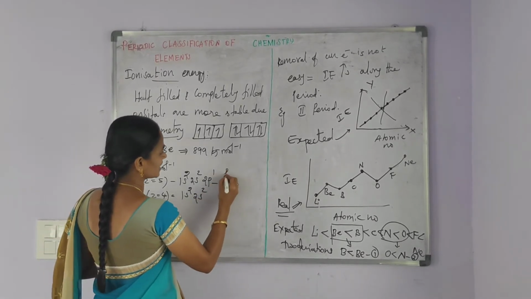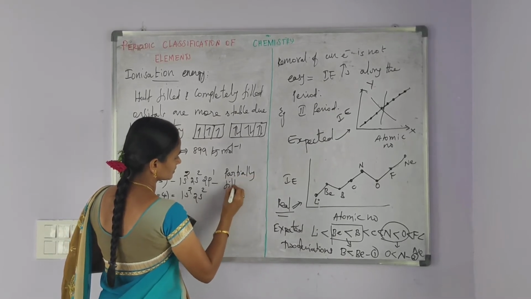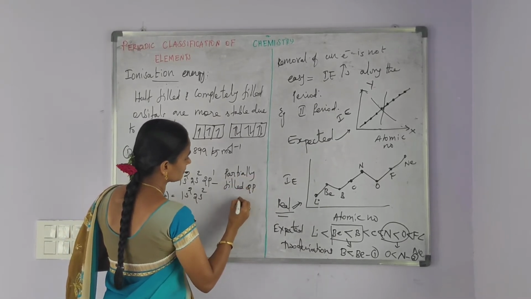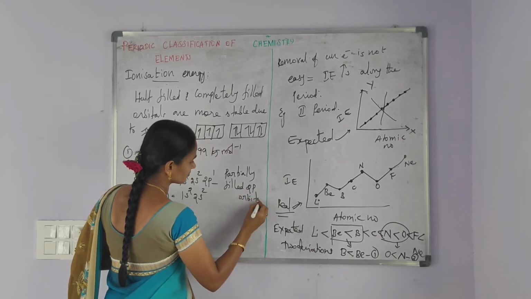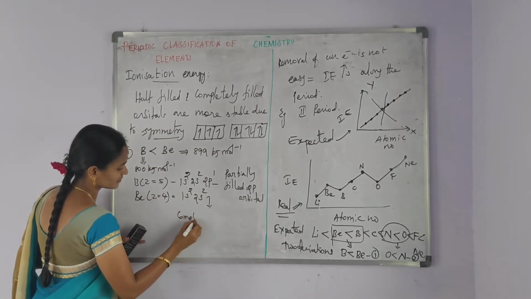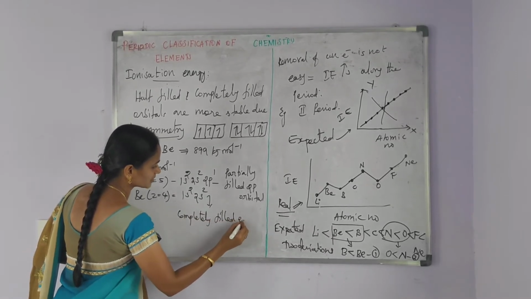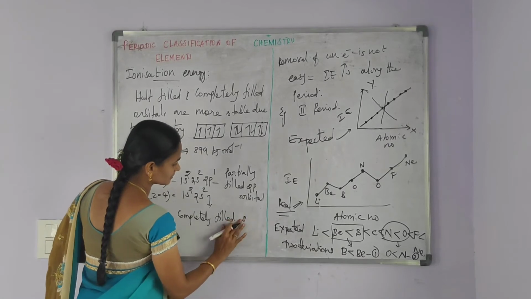Boron possesses the partially filled 2p orbital, but beryllium possesses the completely filled 2s orbital.